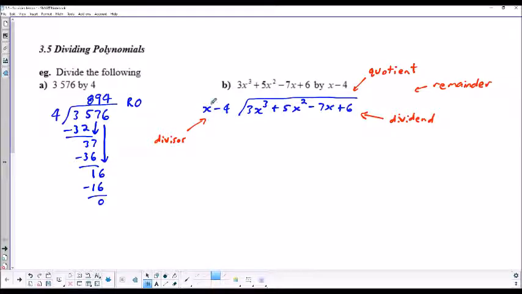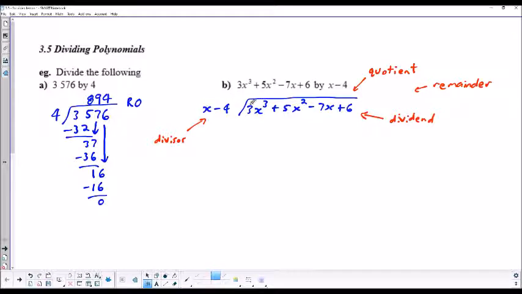So I'm just going to focus on the x, and I'm going to say, what do I multiply x by to get 3x cubed? So you think for a second, what times x gives me 3x cubed? We have to go back to power laws, and when you multiply powers, remember we keep the base the same and we add exponents.